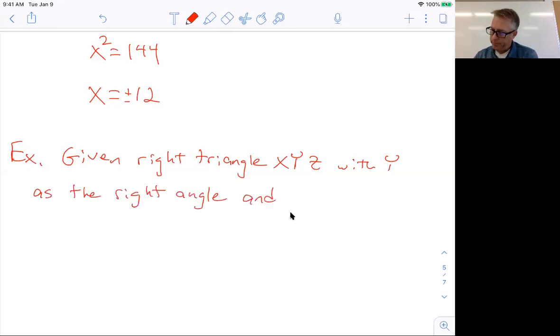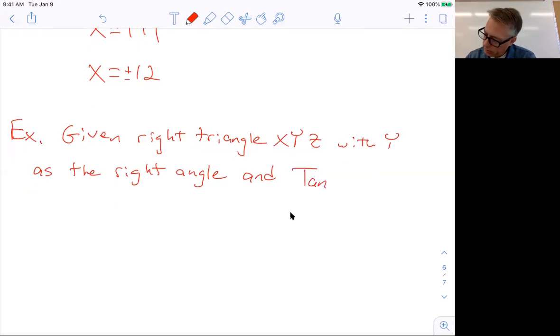And let's say the tangent of Z is equal to -3/4.